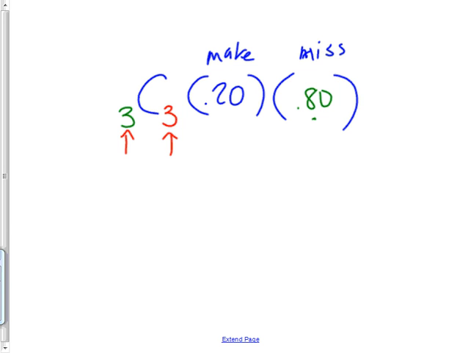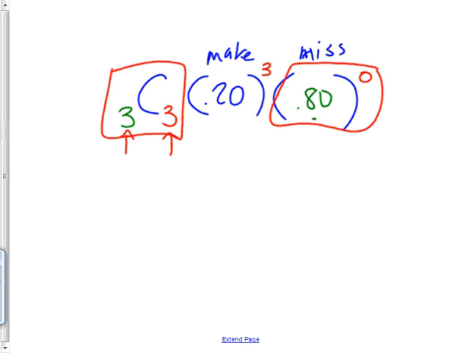All right, so then this one is not complete yet because I have 3 makes, and that means 0 misses, and then I would multiply out 3 choose 3. If you have 3 items and you're going to take them out 3 at a time and the order doesn't matter, which is what that means, then that's just equal to 1. So it's 1 times 0.20 to the third. This part really doesn't matter because to the 0 power means it's just going to equal 1.